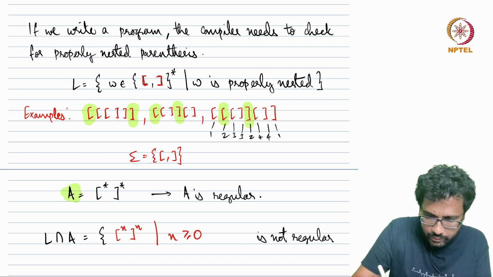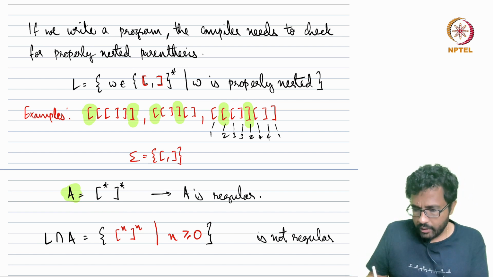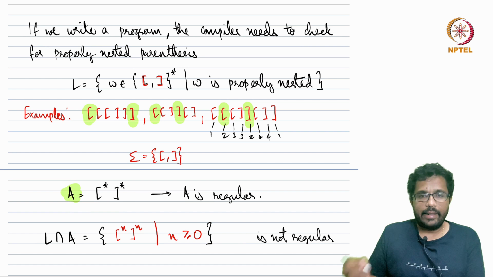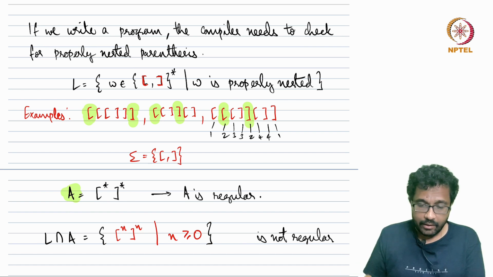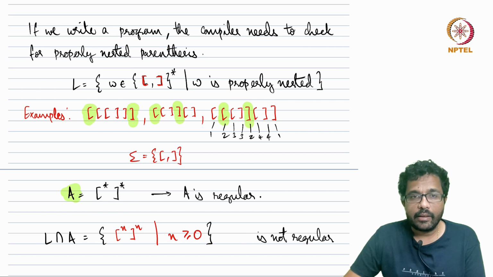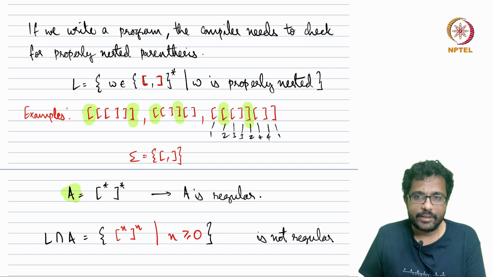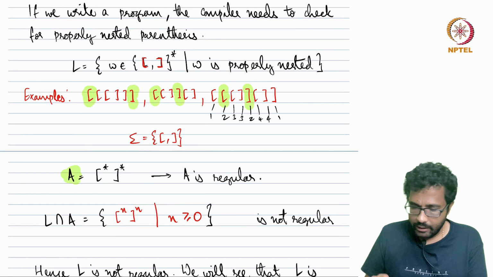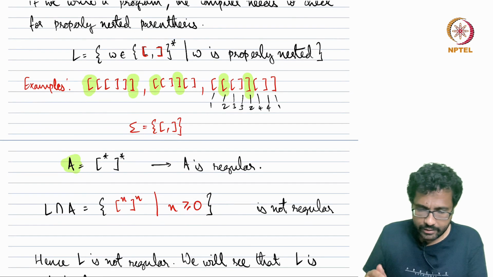It's like open bracket n times followed by close bracket n times. This is L intersection A. If L was regular, we know A is regular by the regular expression, and hence L intersection A also would have been regular. But we know L intersection A is not regular.